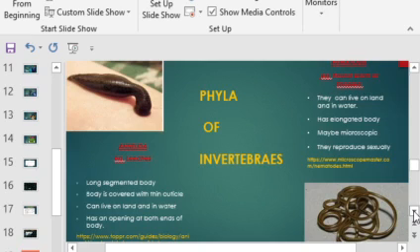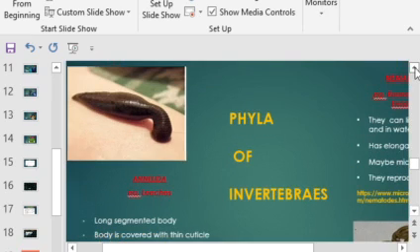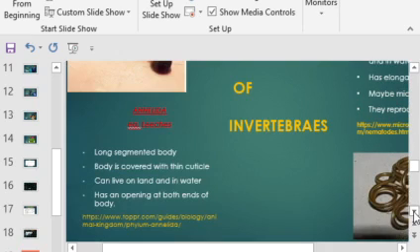So this is an example of the Annelida phylum, and the characteristics: long segmented body covered with thin cuticle, can live on land and in water, and has an opening at both ends of the body. If you look at the picture, you will clearly see those characteristics, easy to identify.